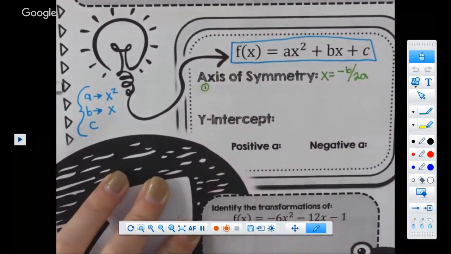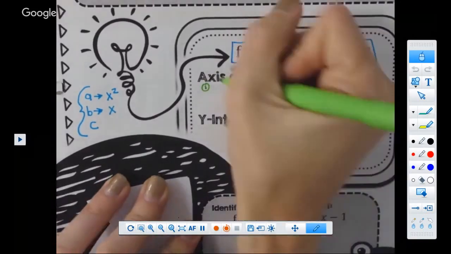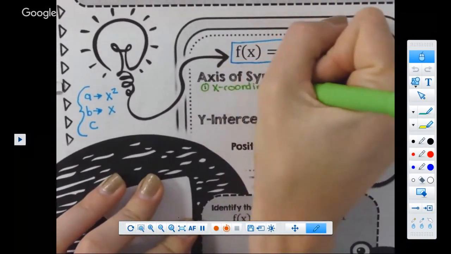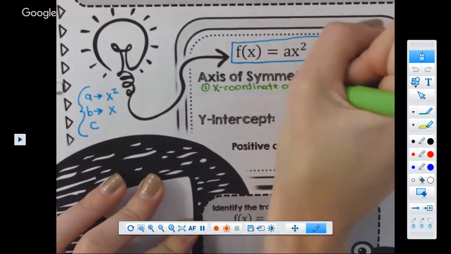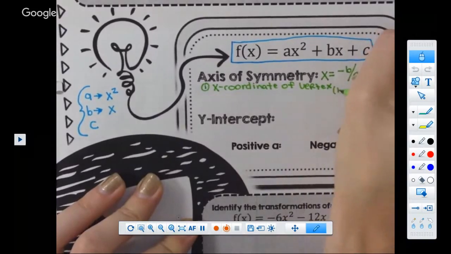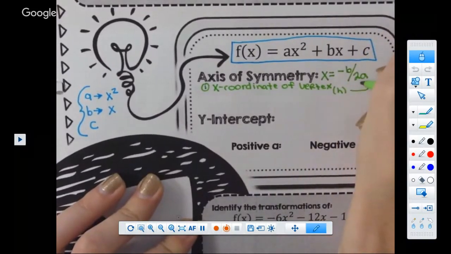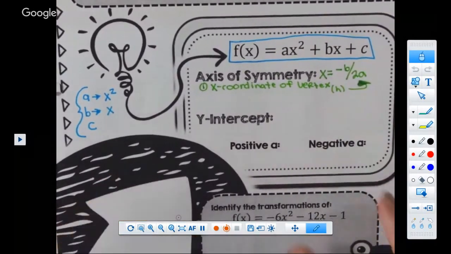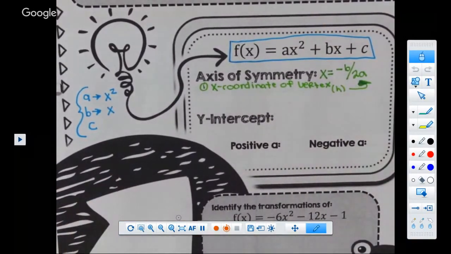The axis of symmetry is also the x coordinate of the vertex, which we call h. So to find h, the formula that we're going to use is negative b over 2a. If you're a highlight person, you need to highlight that formula. I'm not going to give it to you.